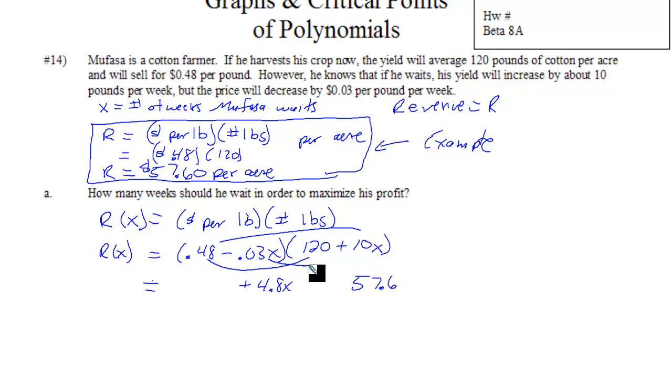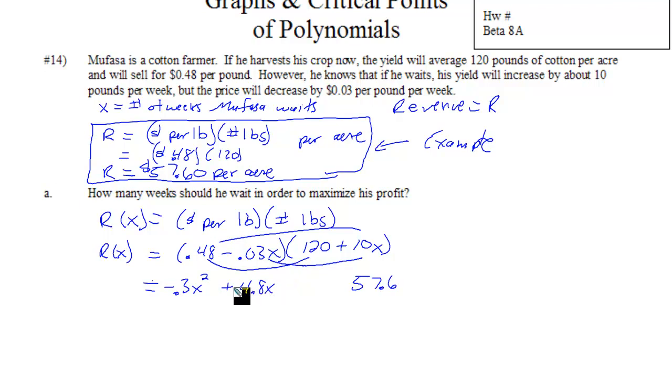If we multiply negative 0.03x times 10x, we get negative 0.3x squared. I'm trying to write my terms in descending order, that's why I'm writing them in seemingly crazy places here.